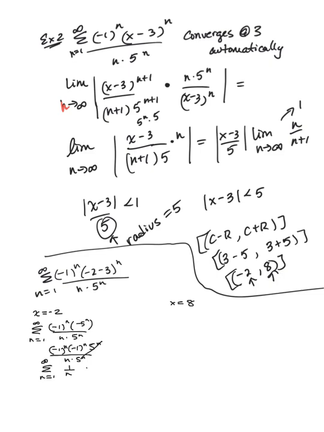Now this is a p-series, and p is equal to 1. And when p is less than or equal to 1, your series diverges. So this diverges.